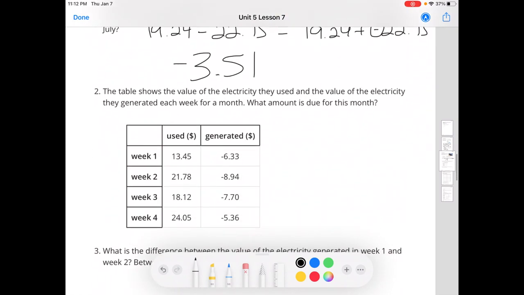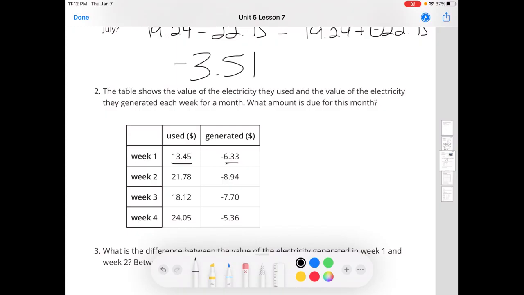So number 2, it says the table shows the value of the electricity they used and the value of the electricity they generated each week for a month. So we have to figure out how much we would pay for this month. So I know I used $13.45 this week, but I generated $6.33. So I can just subtract that.